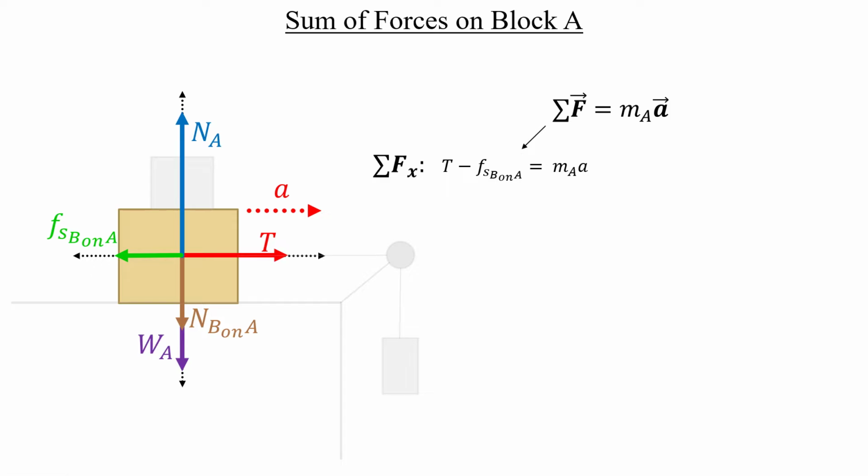Let's see, what can we do here? Well, we can exchange the static frictional force for mu sub s, the coefficient of static friction, times a normal force, and the normal force here will specifically be the normal force of B acting on A. However, we don't know that yet.